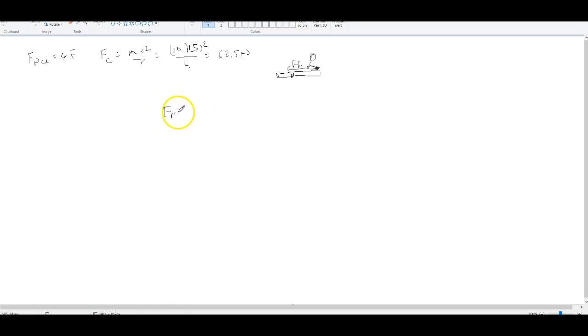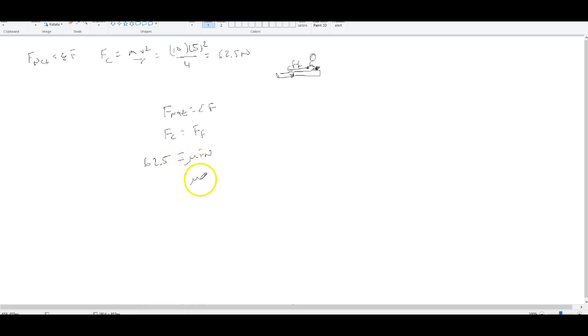Well, F net equals the sum of all forces. F net is equal to force centripetal. And that's going to be equal to, what do I got going? I've got force of friction, the only thing holding him in place, right? So I'm going to go mu times force normal, because that's the force of friction formula. We already solved for the centripetal force, and it's 62.5 newtons in this case. So we're looking for mu.